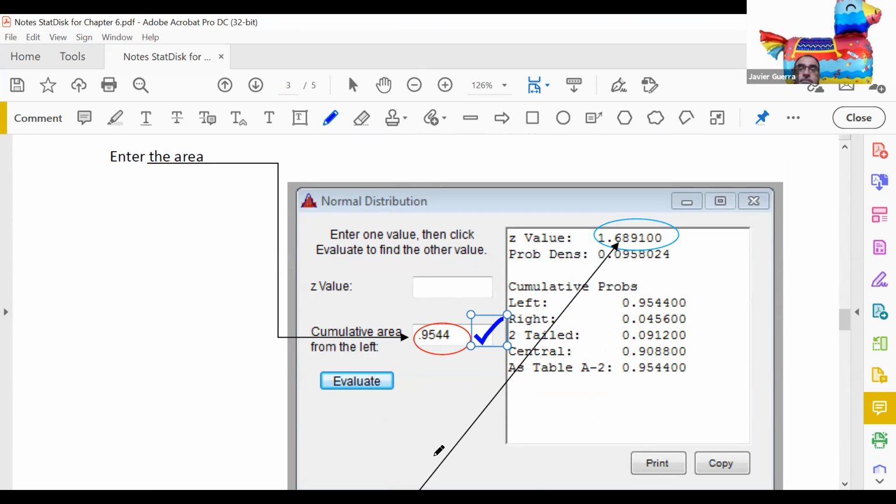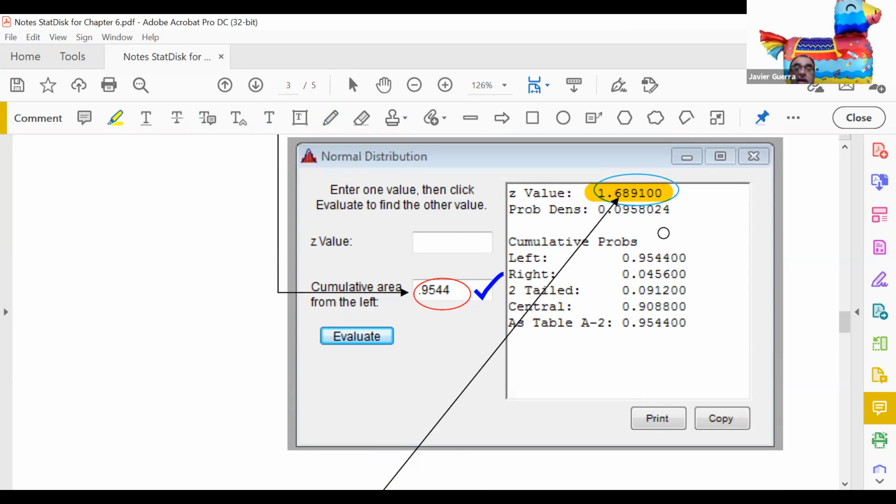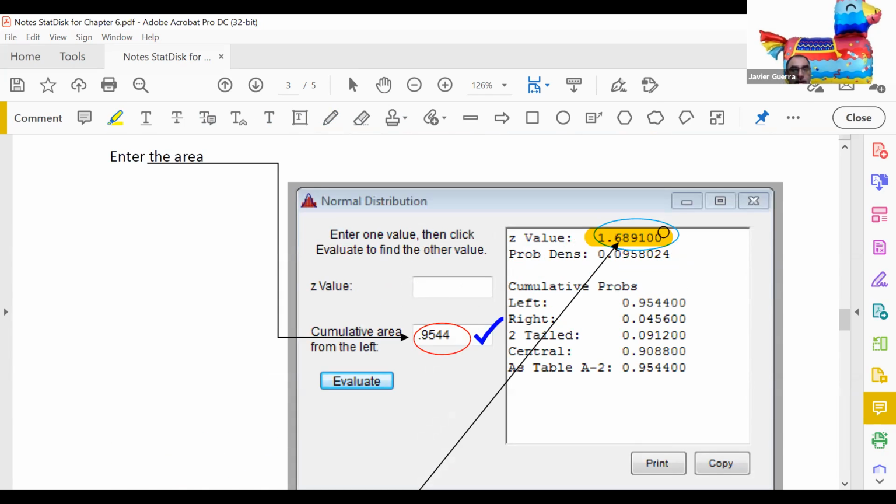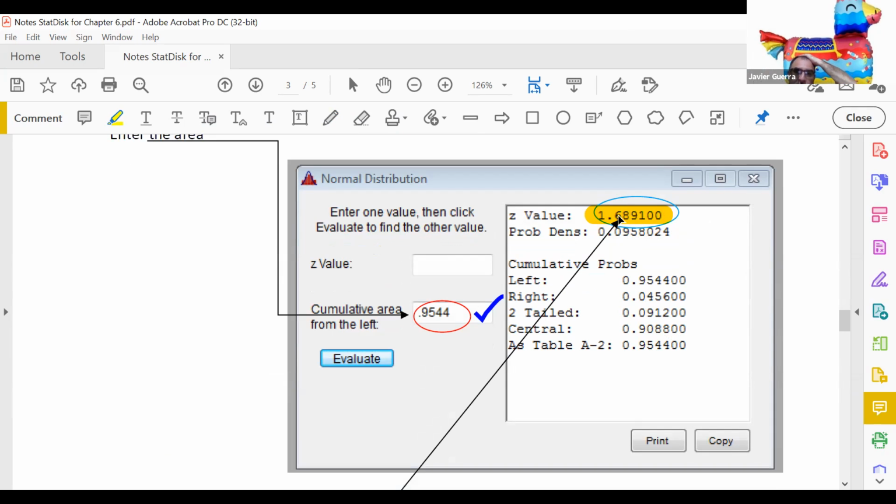Then you hit evaluate, and you look at this very top number right there. That number is going to be your z-value. All you have to do is copy it and do not round it ever. And that's it. Done. Enter your area in this box, hit evaluate, and that number represents your z-value.